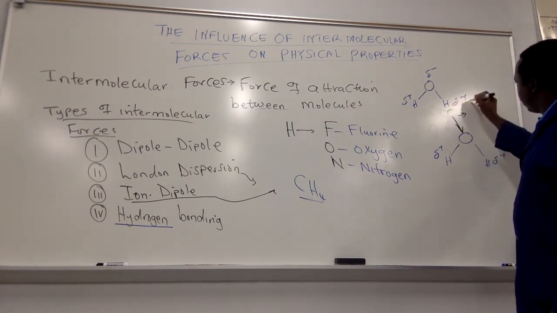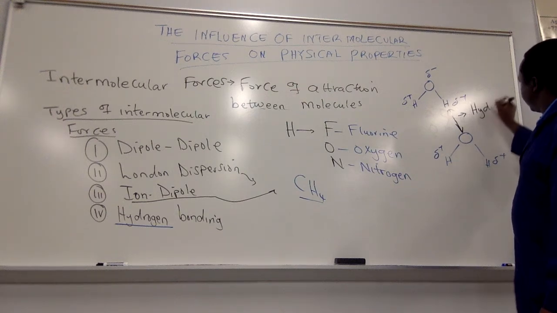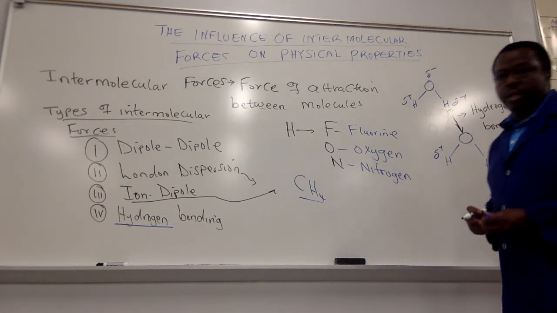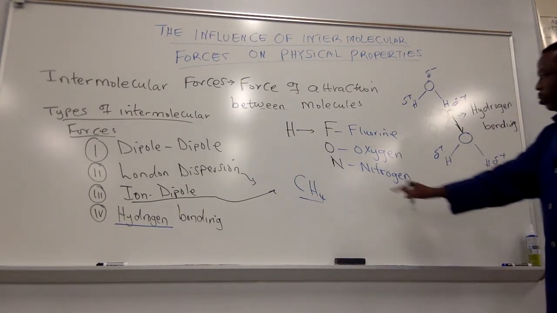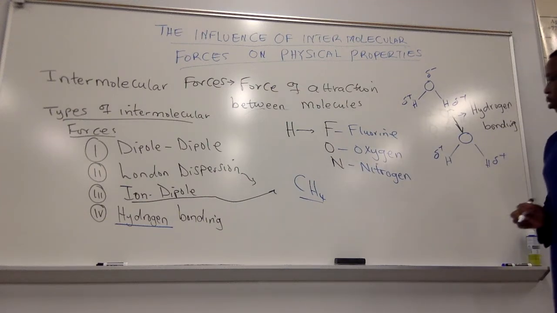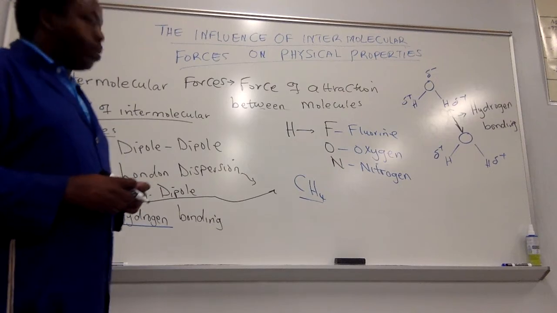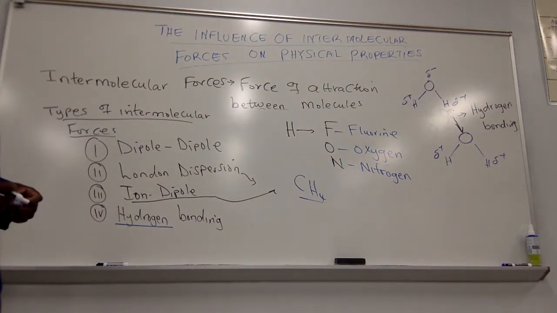This is where we have hydrogen bonding, because it is associated with oxygen. You see there is oxygen in there. You should be able to read and see what constitutes hydrogen bonding, know what they are.